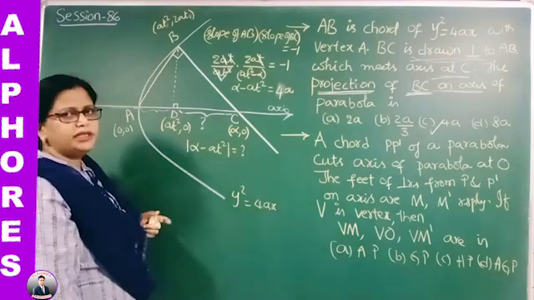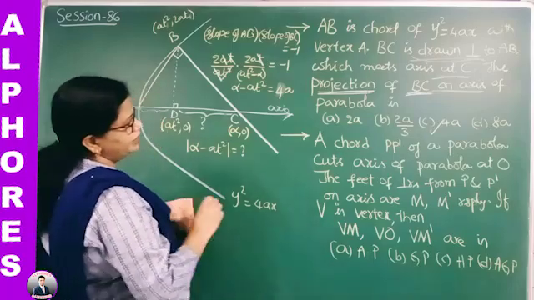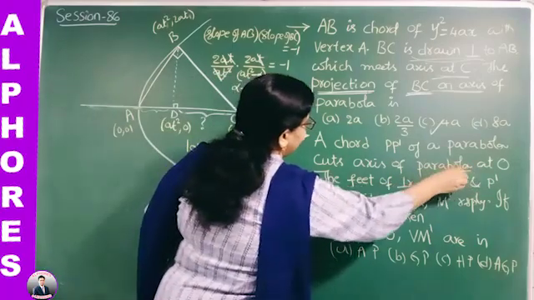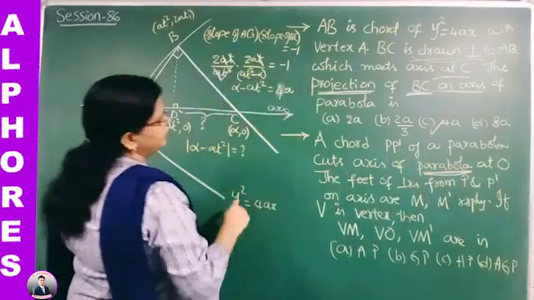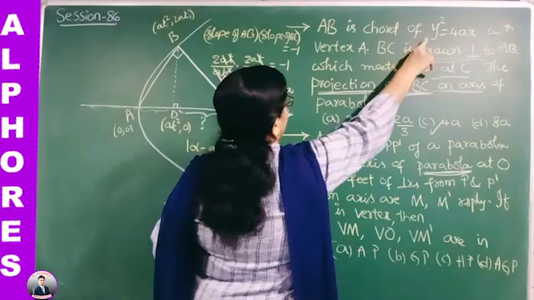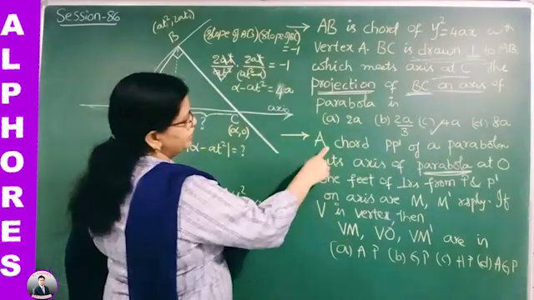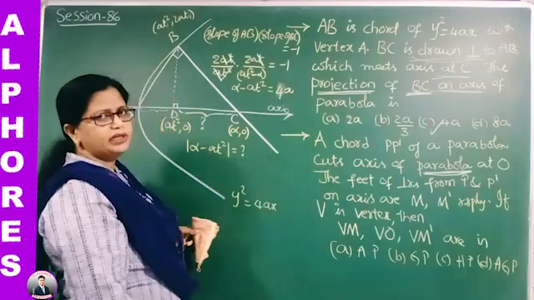Okay, they didn't mention anywhere the equation of parabola. Implies, students, you can make use of this concept for any kind of parabola. Whereas in the previous problem they mentioned the equation of parabola, that's why your answer is 4a. Whereas here they did not mention anywhere the equation of parabola.